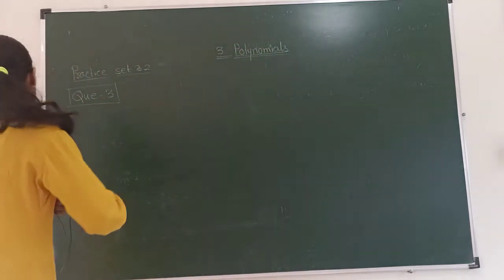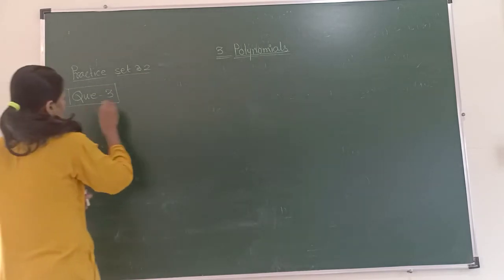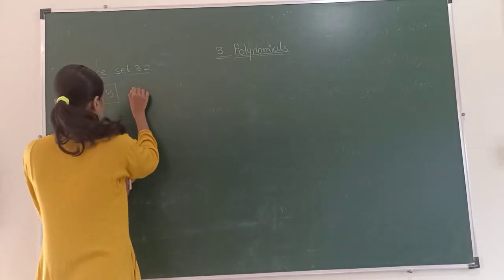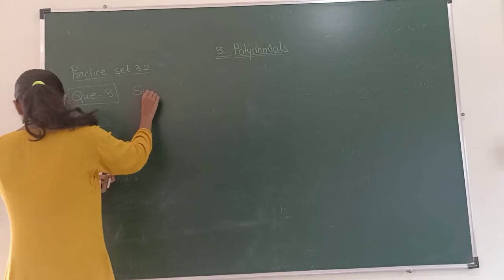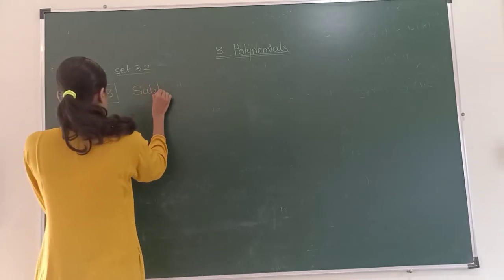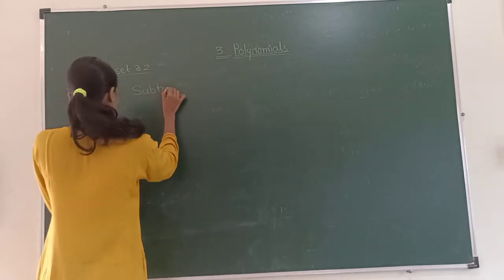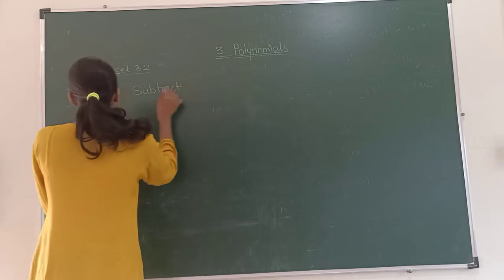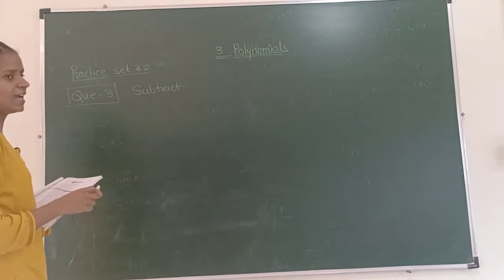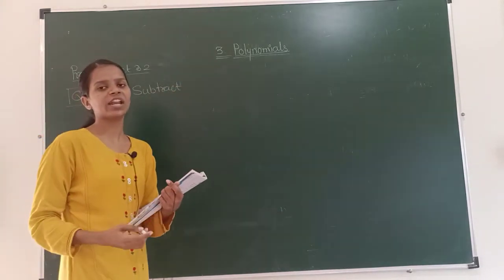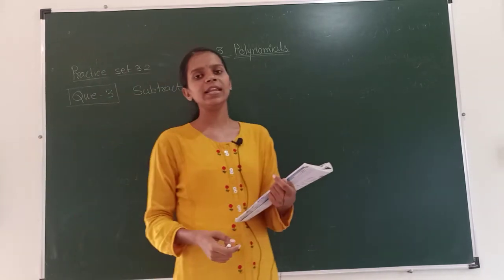Now I have told you, when we are learning operations on polynomials, the practice set 2.3 will be based on the operations on polynomials, that is addition, subtraction, multiplication and division only.